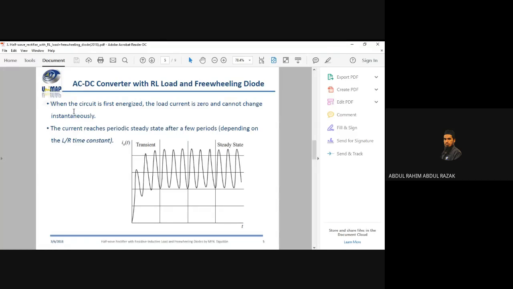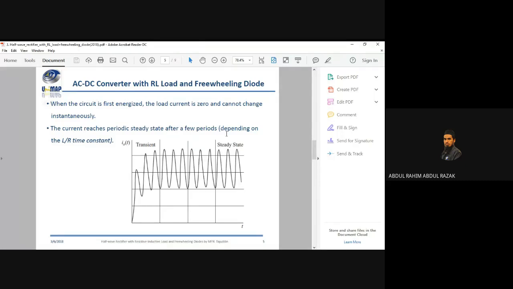When the circuit is first energized, the load current is 0 and cannot change instantaneously. Steady state means that after it runs a long time or a certain period, it becomes stabilized already.